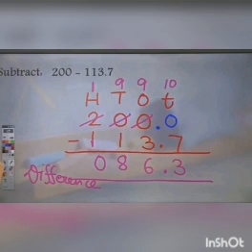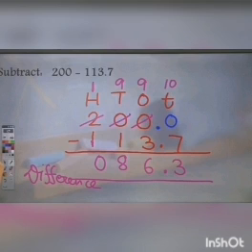And in 113.7, 1 is in the 100s place, 1 in the 10s place and 3 is in the 1s place. Then I put a decimal point and 7 is in the 10th place. And I need to subtract these two now, just like addition, after writing them according to the place value.